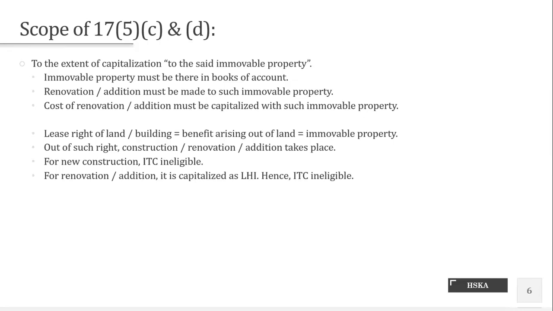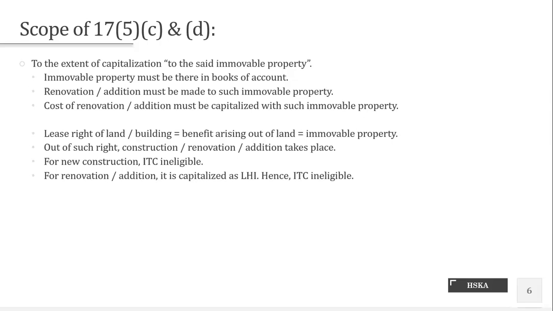However, in case of leasehold improvements, I do not have the original land or the building in my books. I only undertake a renovation or an addition, or sometimes when I get the lease, I construct a new building. Now, in these two aspects, how do we see?